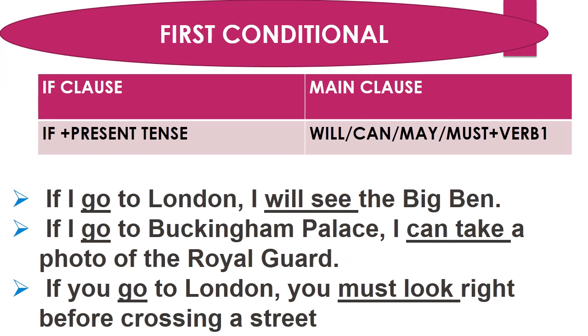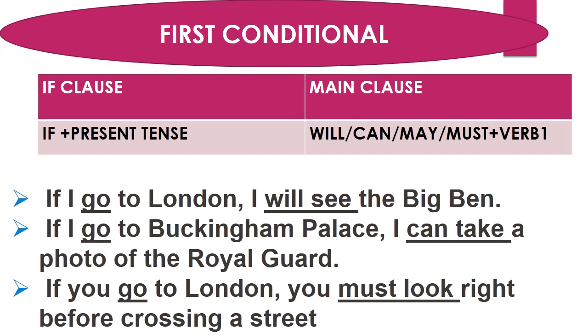In another sentence, if you go to London, you must look right before crossing a street. So these are some examples of first conditional, or there may be others like if I know the answer, I will tell you. If you buy the car, it will cost you 2 lakh rupees. So this is called first conditional.